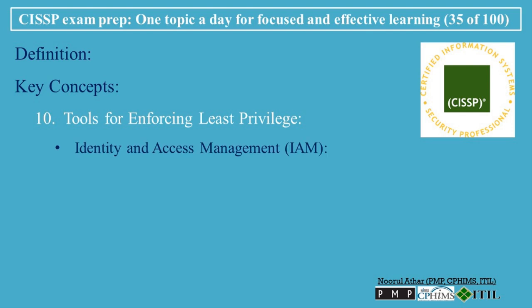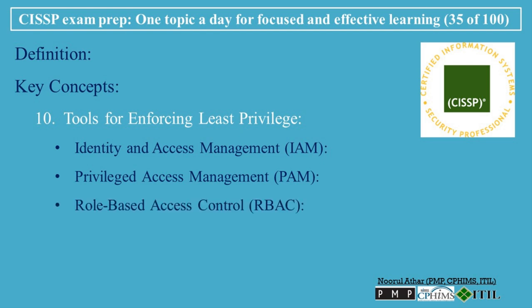Identity and access management, IAM. IAM solutions help organizations enforce least privilege by controlling user identities, roles, and access to systems and data. Privileged access management, PAM. PAM tools manage and monitor privileged accounts, ensuring that administrative privileges are granted only when necessary and revoked when no longer needed.